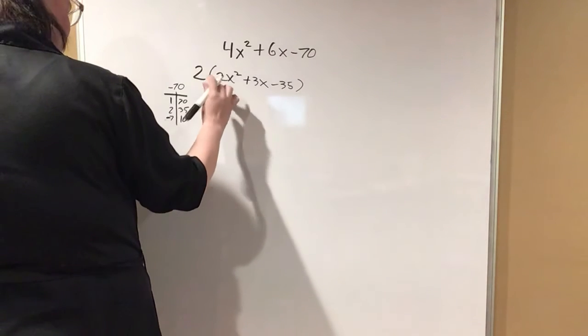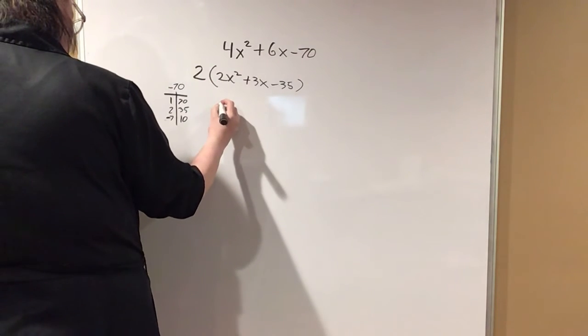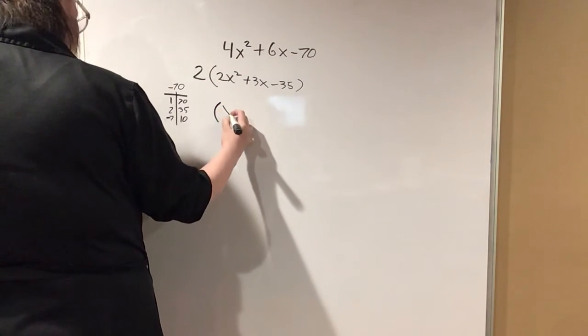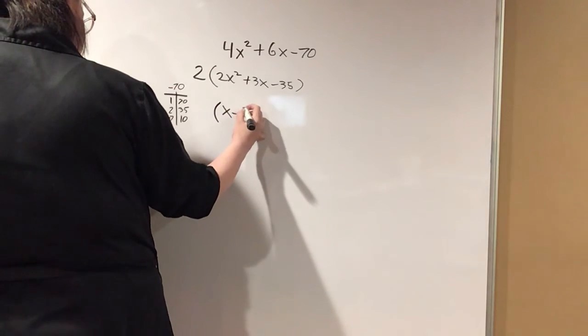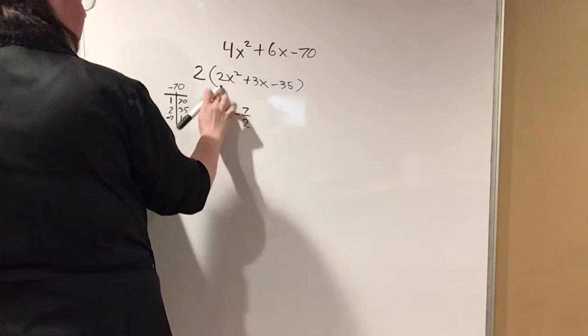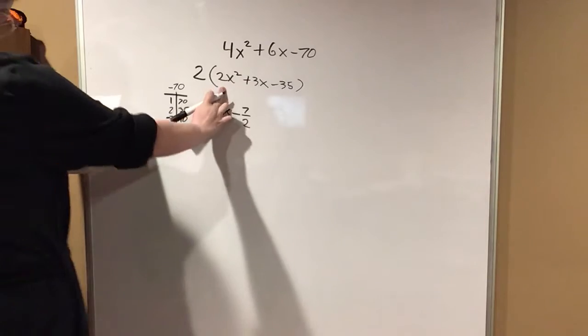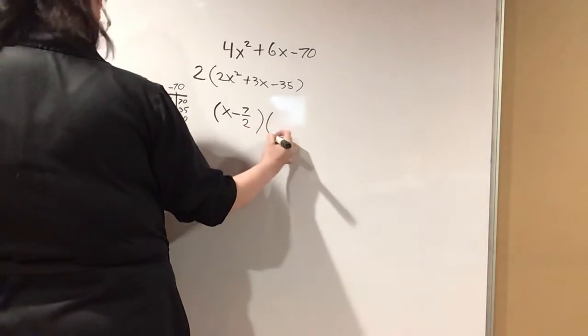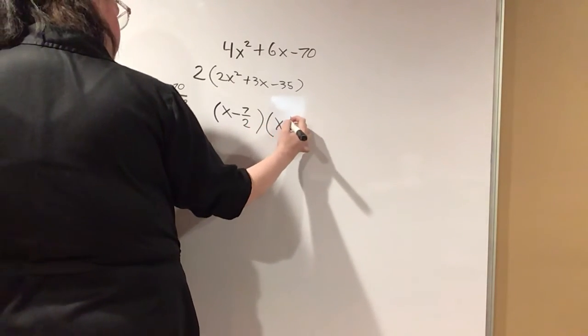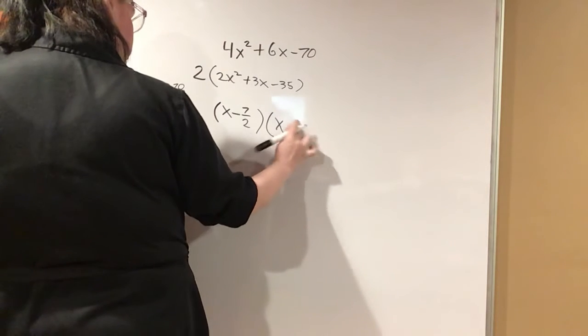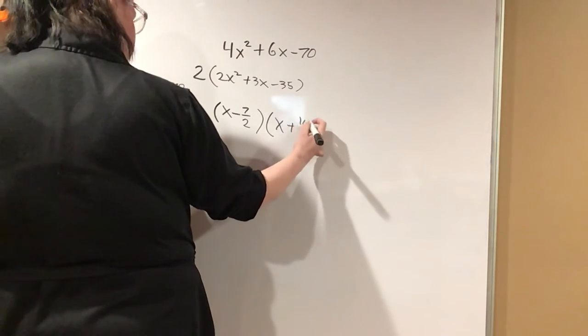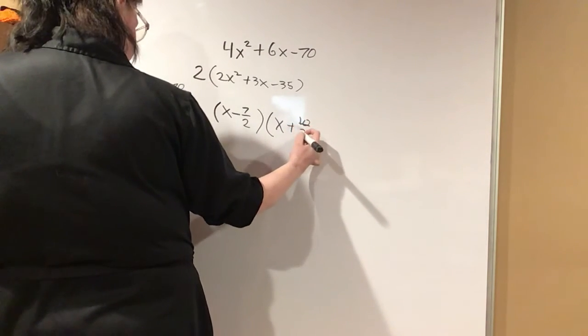Because of this 2 here, what I actually have to do is I'm going to have x minus 7 over 2. This is where this 2 is now moving to. And then x plus 10 over 2.